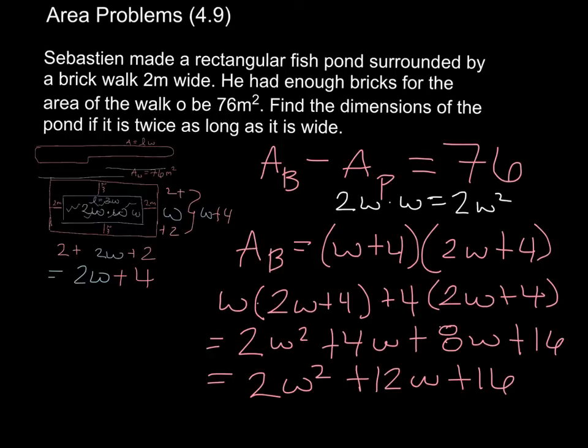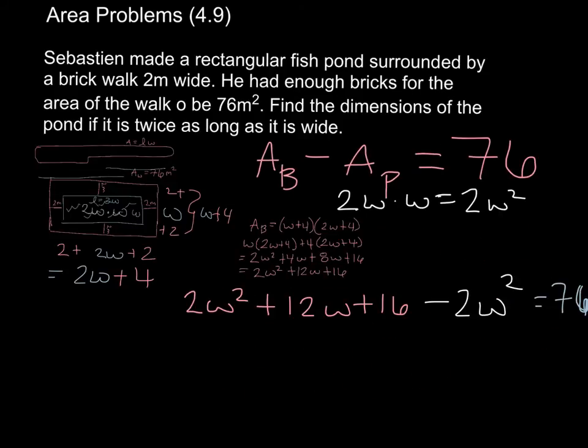So let's again make all of this work a little bit smaller, give us some more space. Okay, so my equation that's going to solve for the dimensions of the pond is this long thing. I've got 2w squared plus 12w plus 16 minus 2w squared gives me that 76.